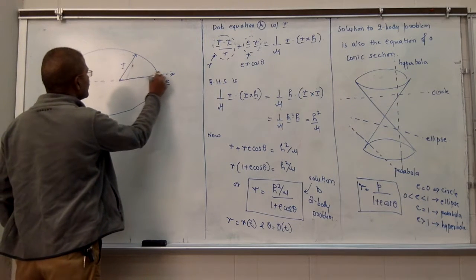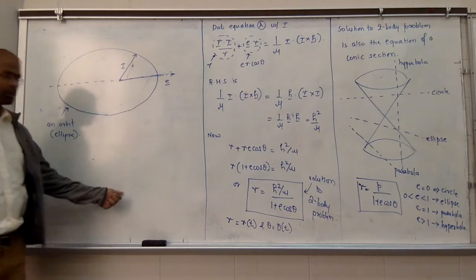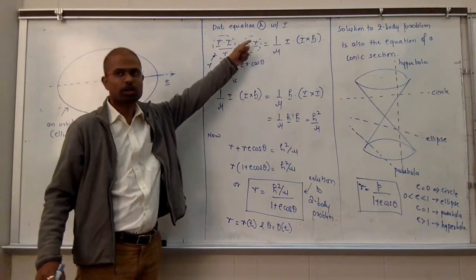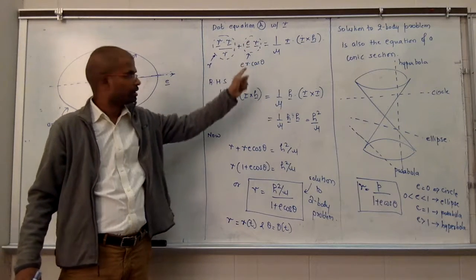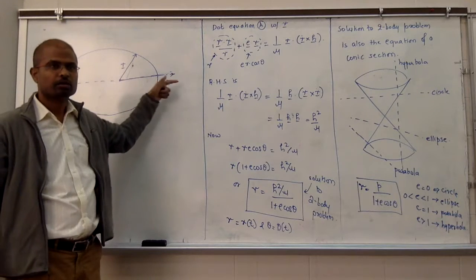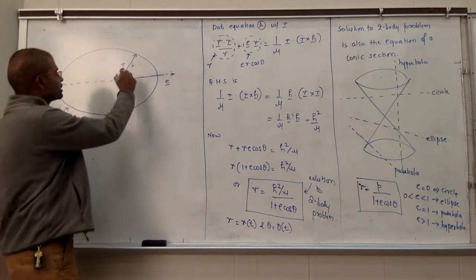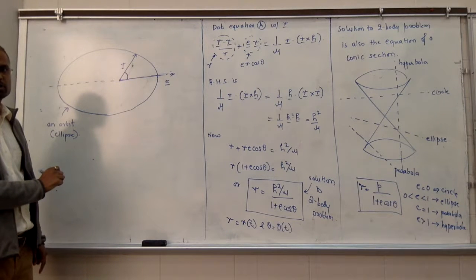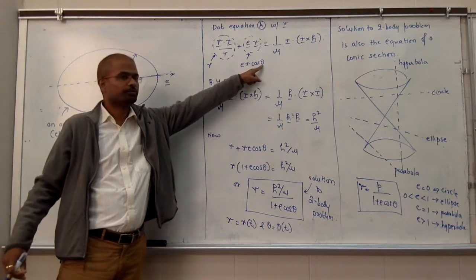Remember when we developed this equation, I gave you this vector E. For example, this E dot R, where is this vector E? This is that vector E. And what is this angle? It's this theta.